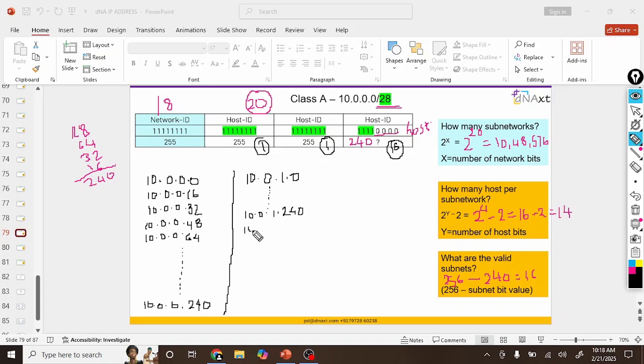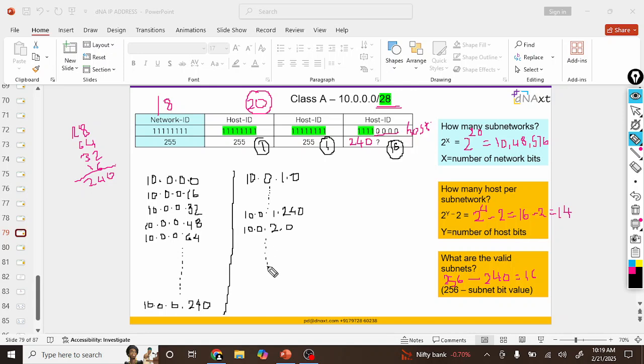Now the next will be 10.0.2.0. Okay, the increment of 1 will take place. Then again increment of 16 will start in the fourth octet. Then when you reach 240 in the fourth octet, you will do increment of 1 in the third octet.